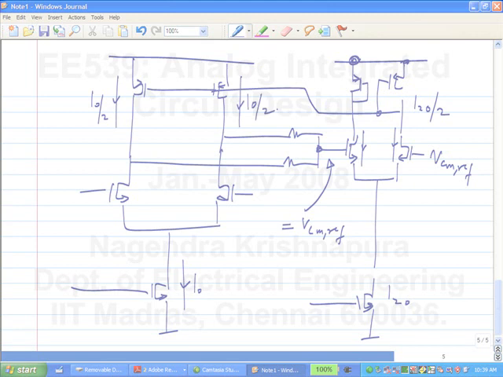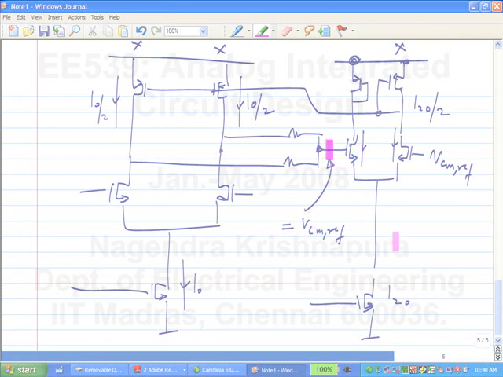Now if you look at this transistor, this and this, these three transistors form a current mirror. So when I0 by 2 is flowing here, I0 by 2 must be flowing here. That must be a consistent solution. So in that case, this point will stabilize to VCM ref.